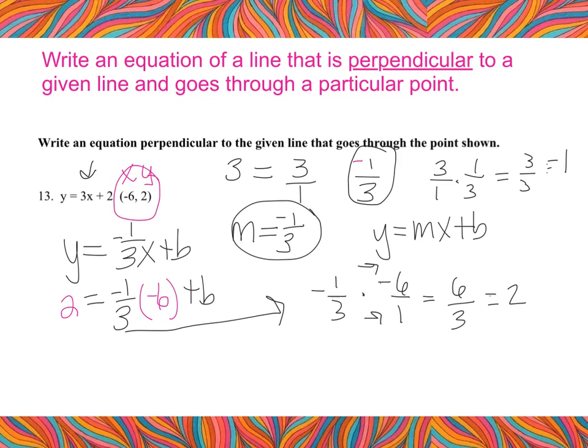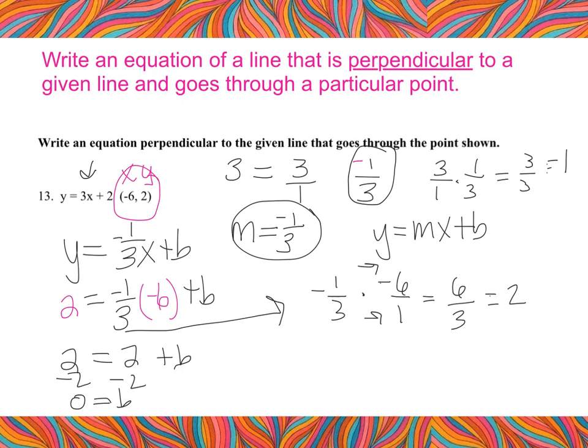So going back to the work we're doing, 2 is equal, we said negative 1/3 times negative 6 is 2, plus b. So now we are still solving for b. We could subtract 2 from both sides, and we get that b is equal to 0.